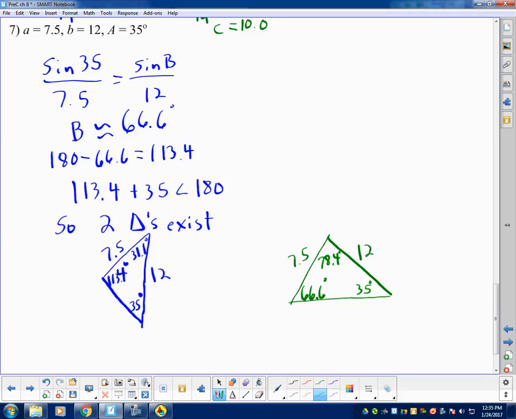And over here I have to find the side opposite the 78.4. We've got a couple other calculations to do. So we've got sine 35 over 7.5 equals sine 31.6 over, I think I'm going to call that C. This is C right here.